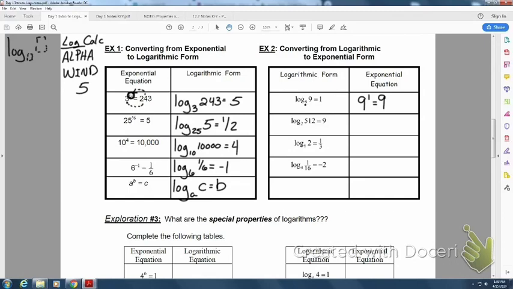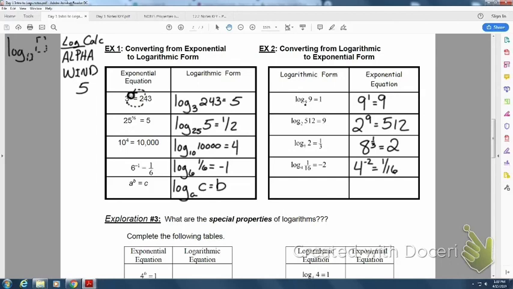That makes sense. Connor, what about the next one? 2 to the power of 9 is 5. Okay. Brody, next one. 8 to the power of 1/3 equals 2. And Jake. 4 to the power of -2 equals 1/16. Okay.